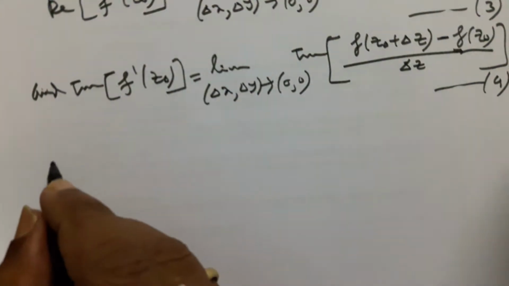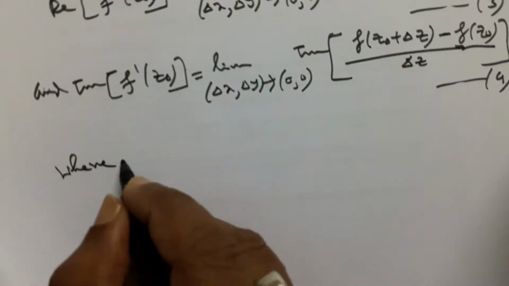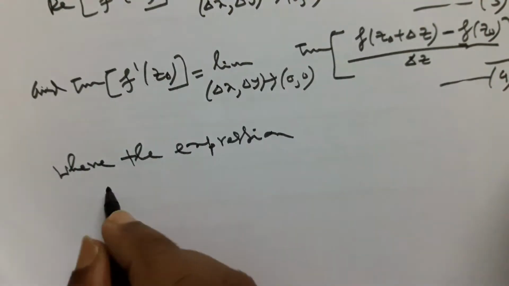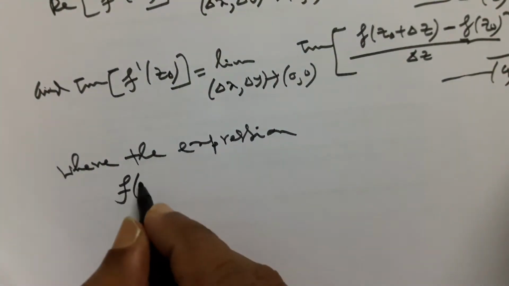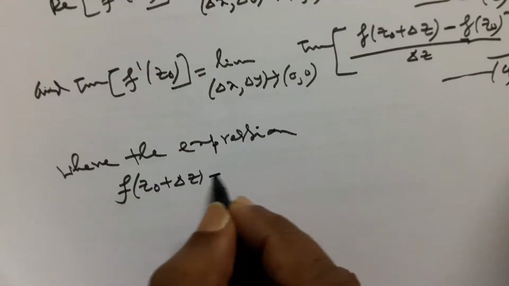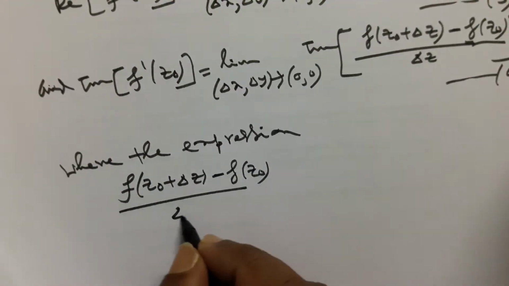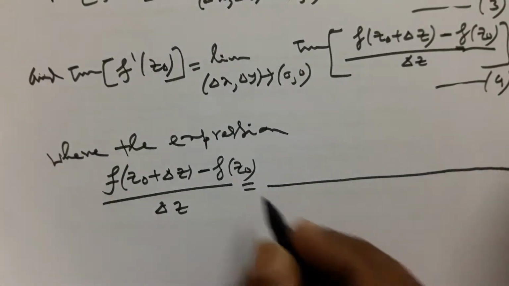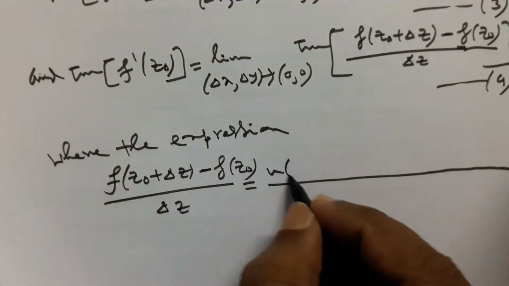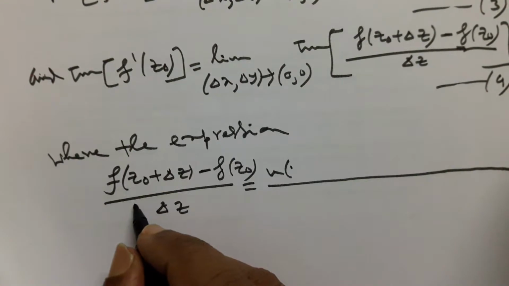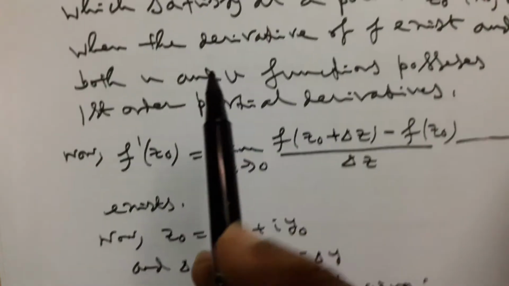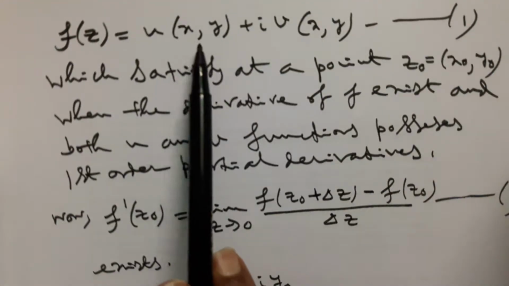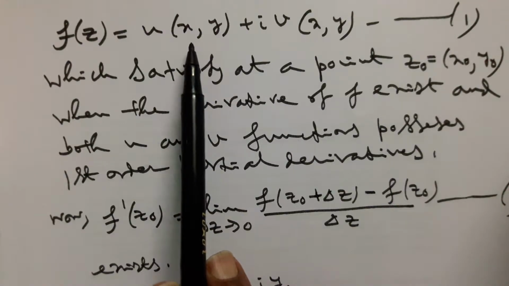Now the expression f of z0 plus del z minus f of z0, divided by del z, will be given by, considering the earlier equation number 1, the variation applied on x and y.